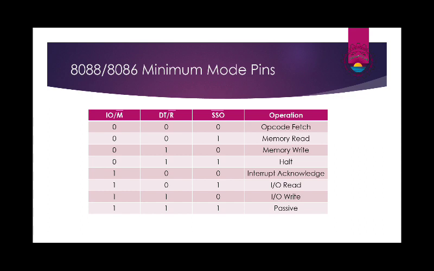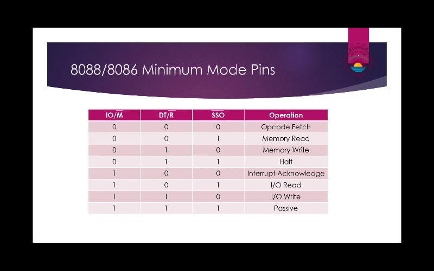This table shows the current state or bus cycle of the microprocessor 8088. So as there are three microprocessor pins, so 8 different patterns are possible. So there are 8 entries in this table. In the rightmost column you are having the operation of the microprocessor.